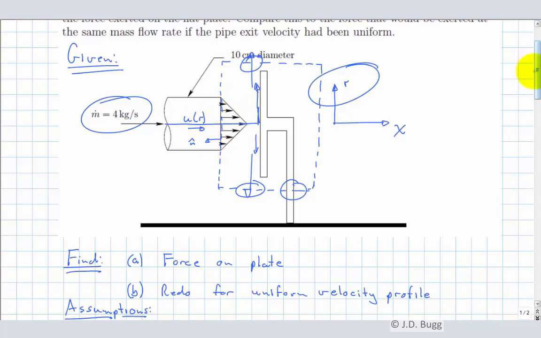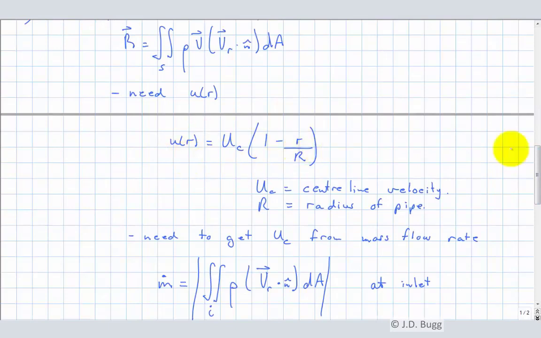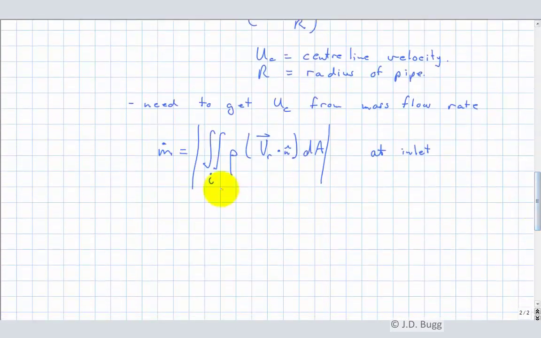Okay, so V dot N we actually already have. It's that equation right there. So V_R dot N equals negative u_R, which is equal to negative U_C (1 minus r over R). So that's how V dot N varies with position r.